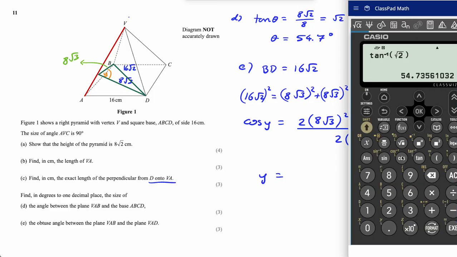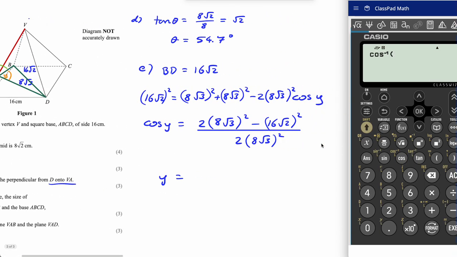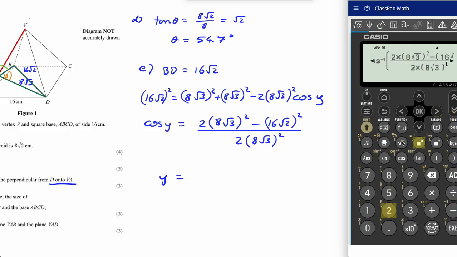Okay, so I can say inverse cos of the fraction: 2 times 8 root 3 squared minus 16 root 2 squared, over 2 times 8 root 3 and 8 root 3 squared.